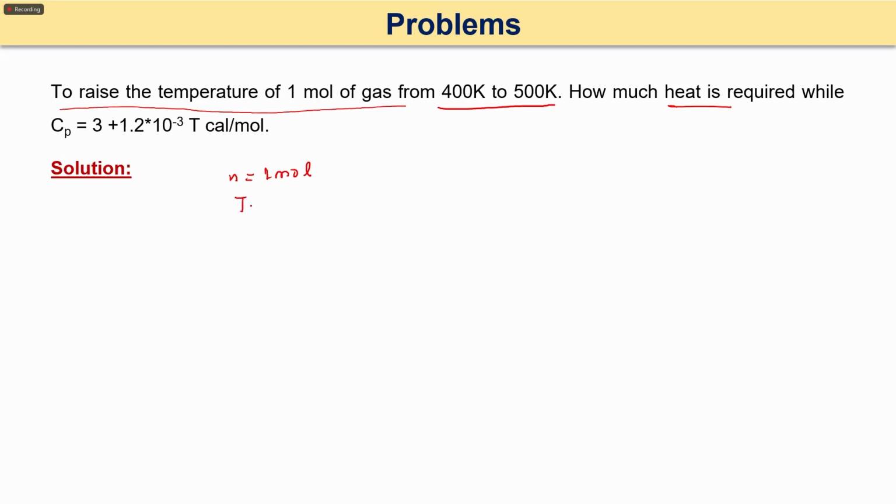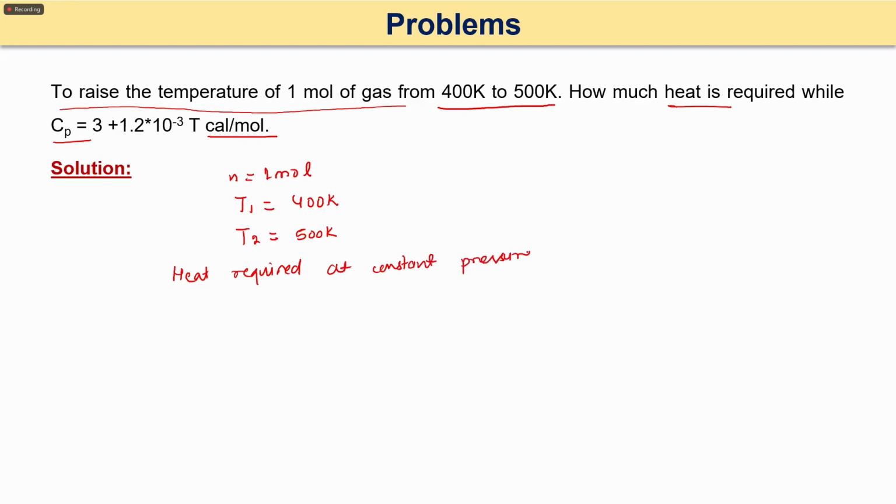Okay, so T1 initial temperature is 400 Kelvin and T2 final temperature is 500. So we have to calculate how much heat is required, if your Cp is 3 plus 1.2 into 10 to the power minus 3 into T calorie per mole. So we have to calculate the heat required at constant pressure.